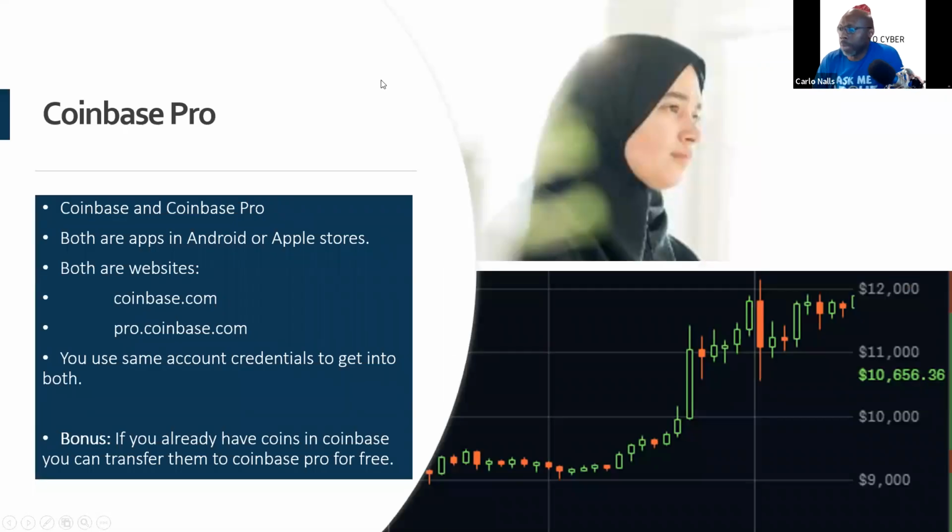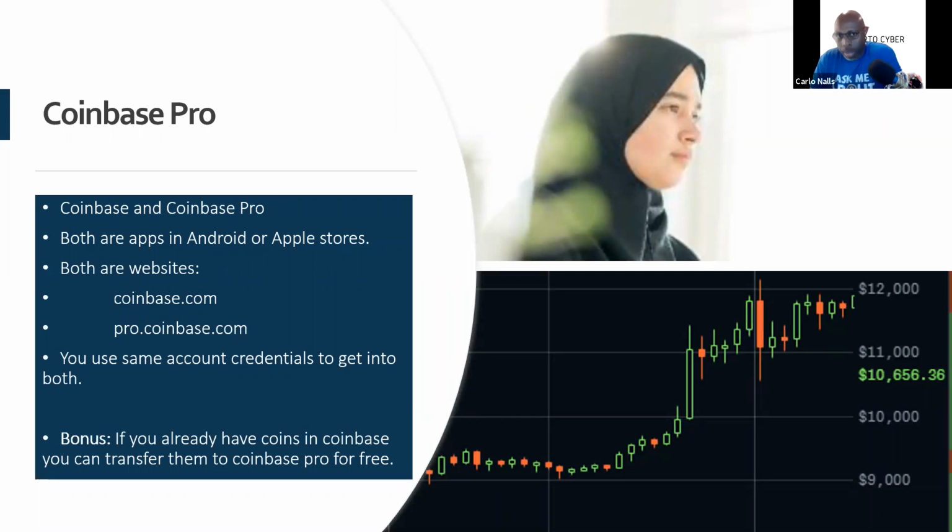All right, Coinbase Pro. So basically you have Coinbase and you have Coinbase Pro, and it's the same company. It's just two different platforms. They're both in the Android and the Apple store.